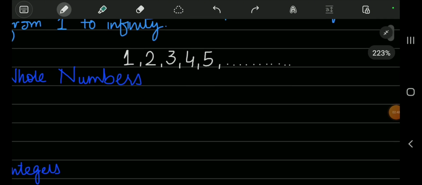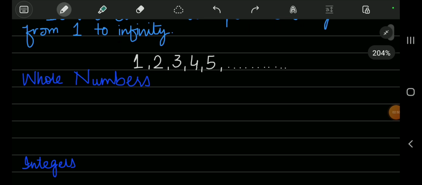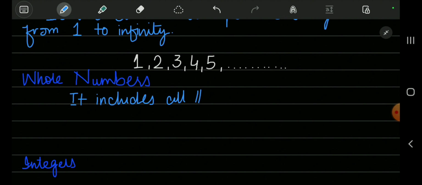Okay, so the whole numbers, I'll write that it includes all the positive integers and 0.